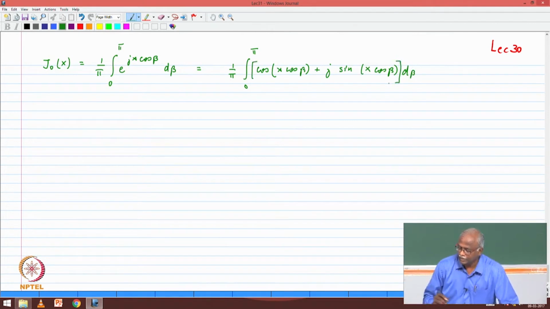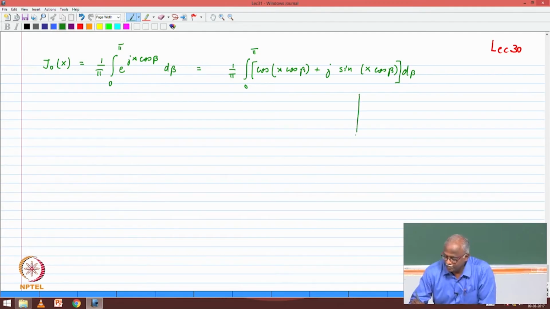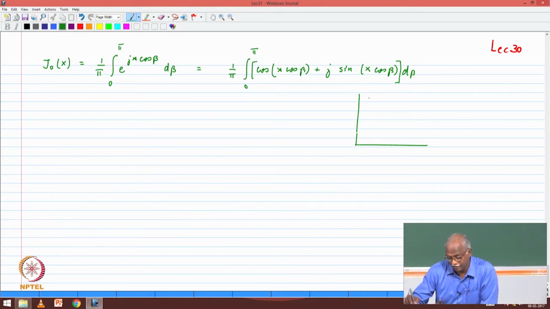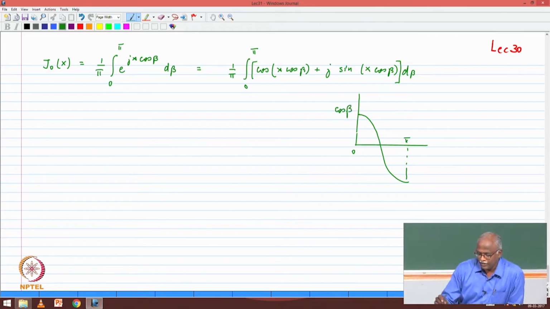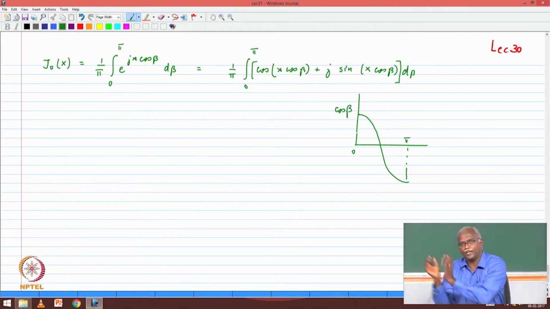Okay, that's rewriting the integrand. The variable of integration is beta going from 0 to pi, and the only form of the variable that occurs is cos beta. Now the actual integrand is sine of that argument.